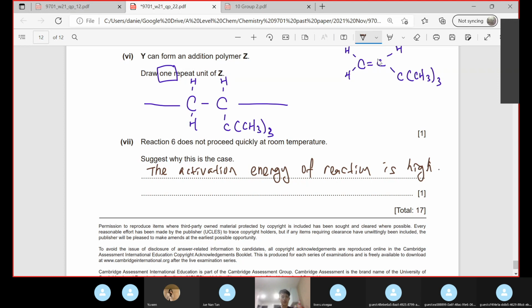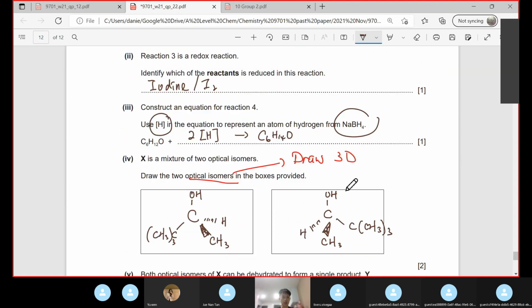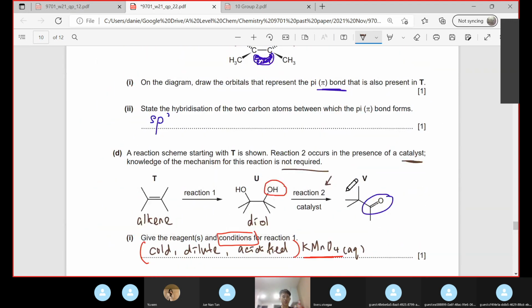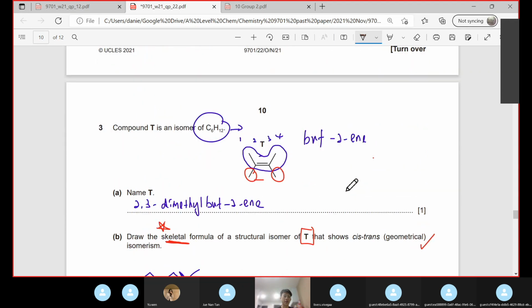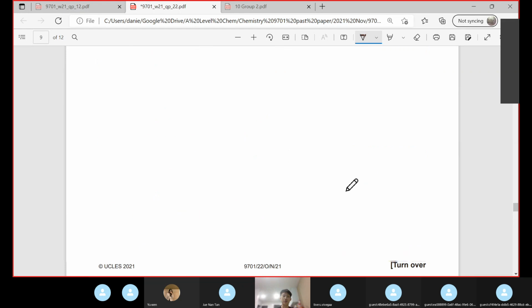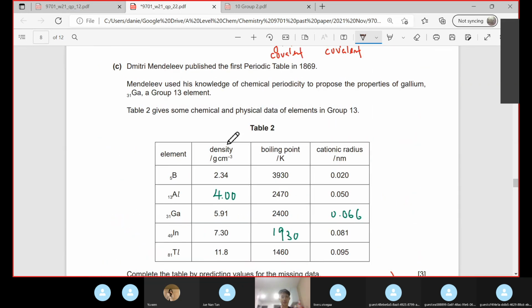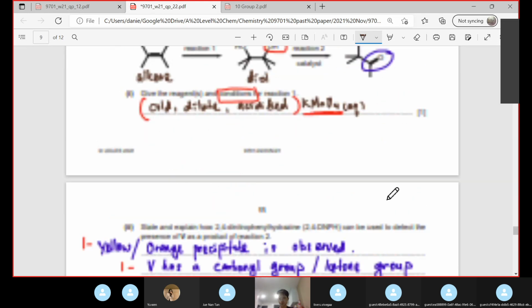I think the organic part is quite easy, super easy, as they don't really ask a lot regarding the reaction. But they ask a lot for the inorganic part, which is another difficult topic for you.